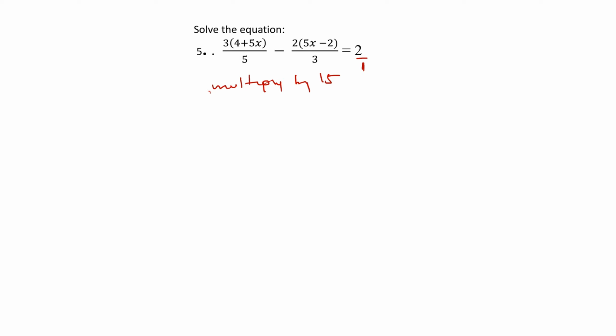So here we're going to have 15 multiplied by this, 15 multiplied by this, and then 15 multiplied by this.